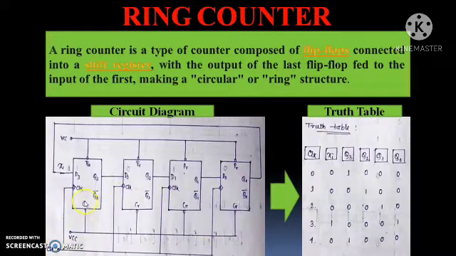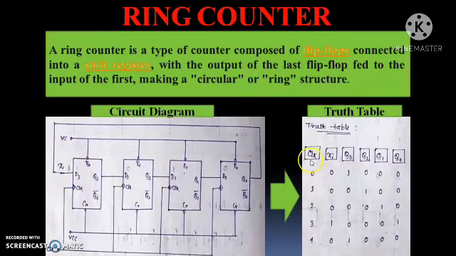This is the clear terminal and this is the preset terminal. The main connection in this circuit is that the last flip-flop output, Q0, is connected to the first flip-flop input, Xi.